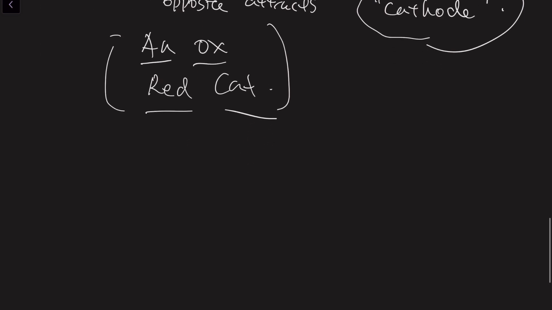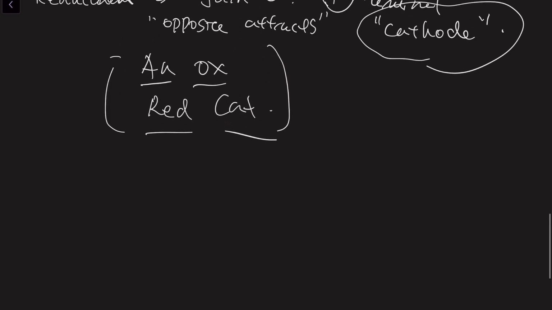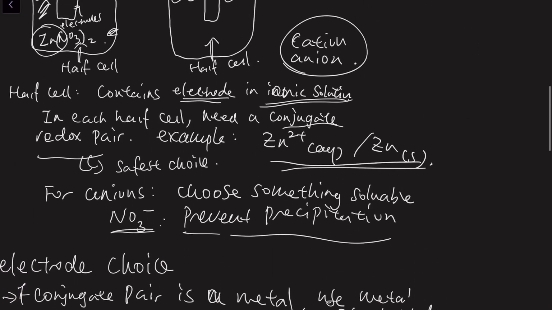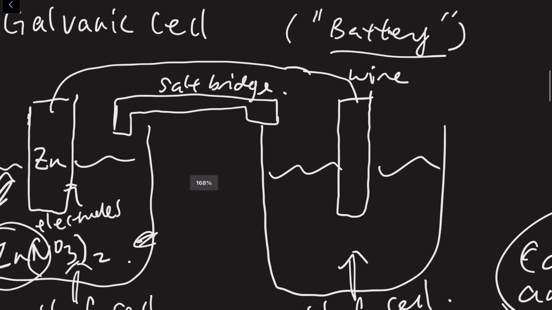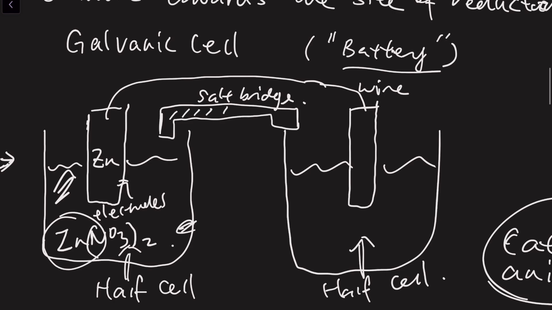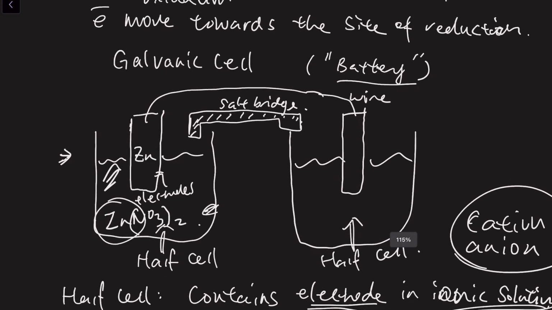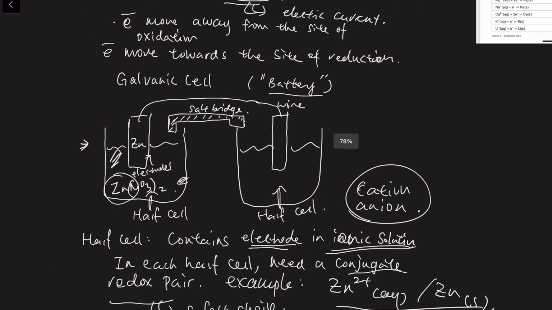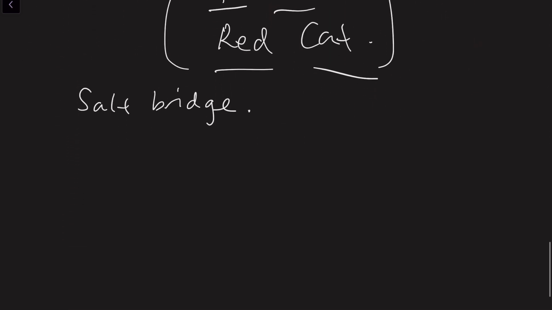So that's why we need to have a knowledge of salt bridge. So remember, in our previous drawing, we actually have a salt bridge. And this is actually really important. Without the salt bridge, your whole galvanic cell would not work. So the function of salt bridge is to balance the charge.